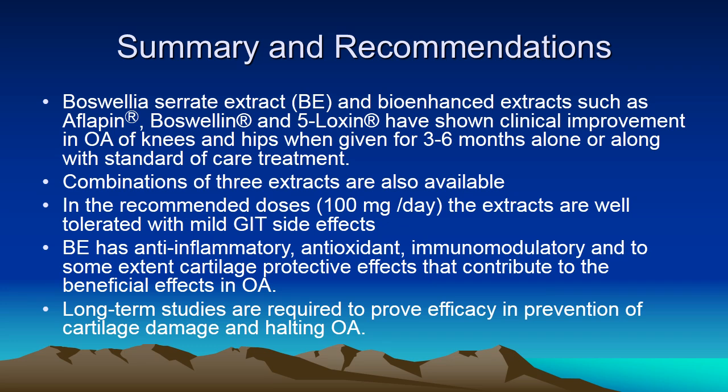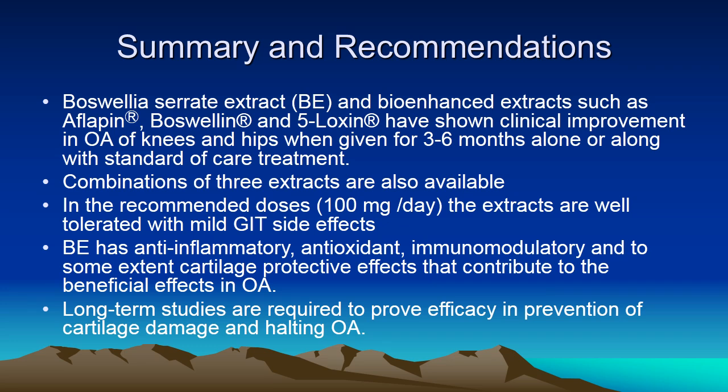So, summary and recommendations: Boswellia extract and bioenhanced extracts, alpha-pen, Boswellin, and phylloxin, all have shown clinical improvements in osteoarthritis of knees and hips when given for 3 to 6 months alone or along with the standard of treatment. Combination of 3 extracts have also been used as they are available.